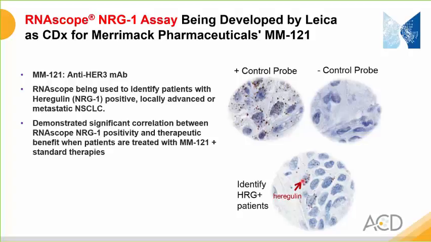These patients appear to respond more favorably to treatment with the anti-HER3 monoclonal antibody, and this is a strategy that's being used again by other biopharmaceutical companies in the development of some of their drugs as an alternative to other assays such as immunohistochemistry or PCR-based methodologies.